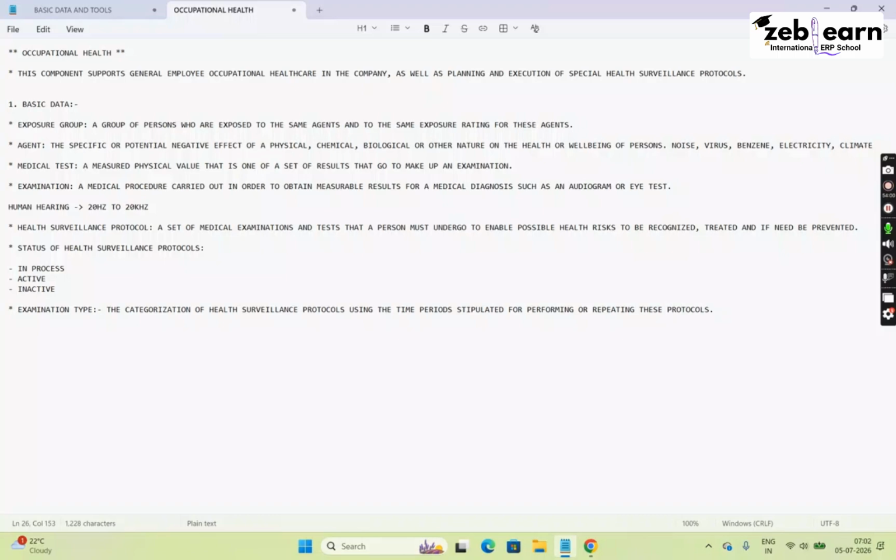So for medical checkups, depending on how many days once you have to repeat, or whether it has to be done one time or multiple times, there are different examination types.